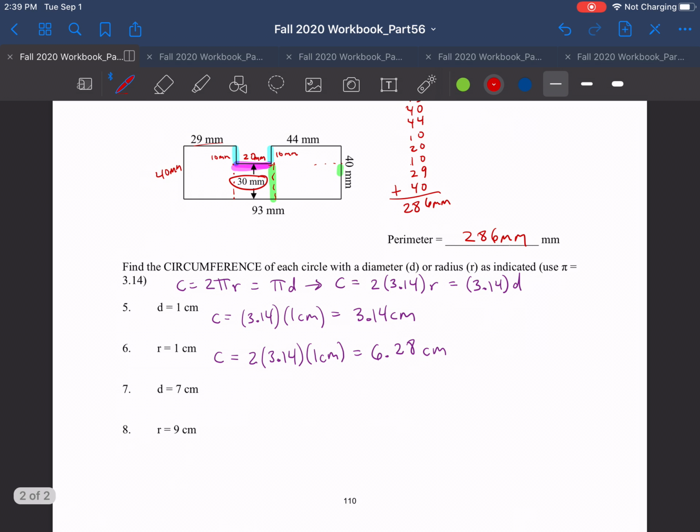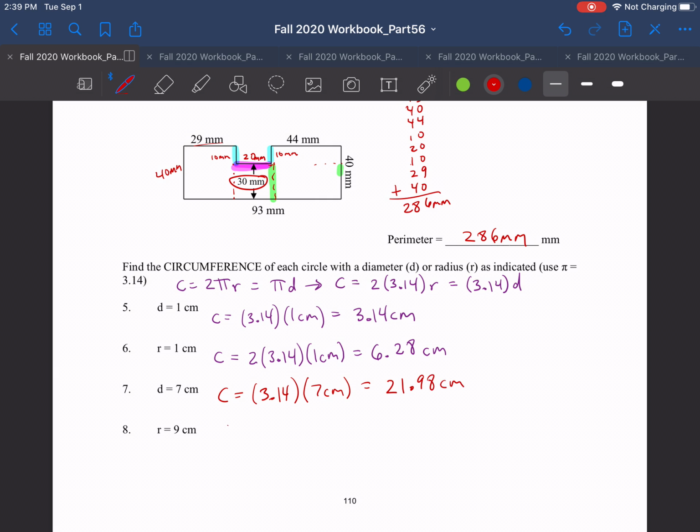These next ones, I worked those two out for you in the other video. So let's try finding circumference here. This is going to be pi, where we're using 3.14 now, times the diameter, and the diameter is 7 centimeters. And so this is 3.14 times 7, which turns out to be 21.98 centimeters.